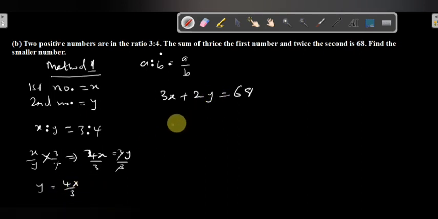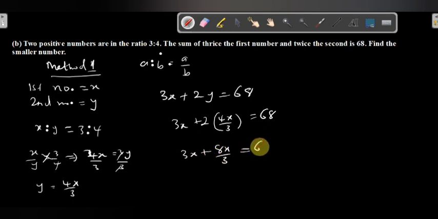So we have 3x plus 2 times 4x all over 3 is equal to 68. So this is going to be 3x plus 8x all over 3 is equal to 68. I'll just make this over 1, then look for their LCM. So their LCM will be 3.